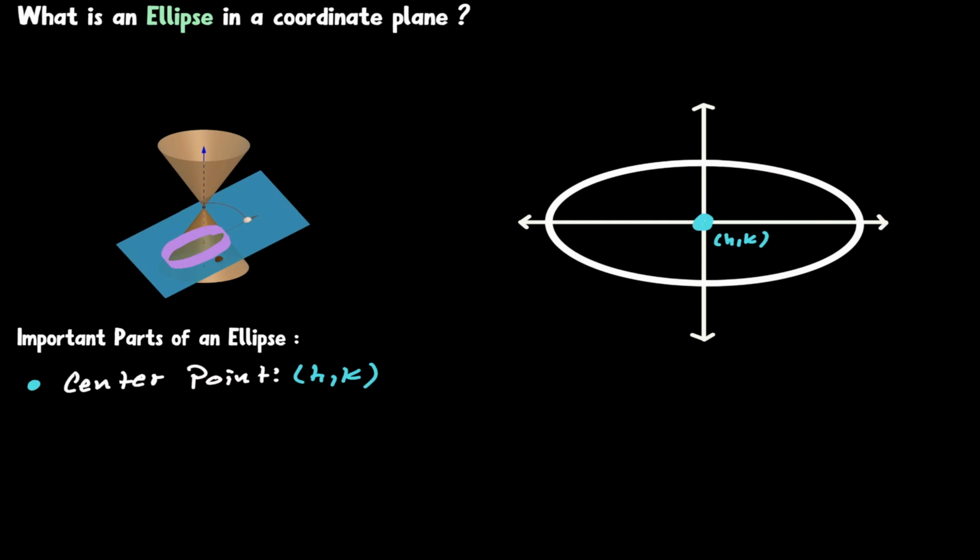And notice that there's a section of this ellipse that is stretched the longest. In this case, if we consider the horizontal distance, that is definitely greater than the vertical distance. But the longest distance that passes through the center, that's what we call the major axis.